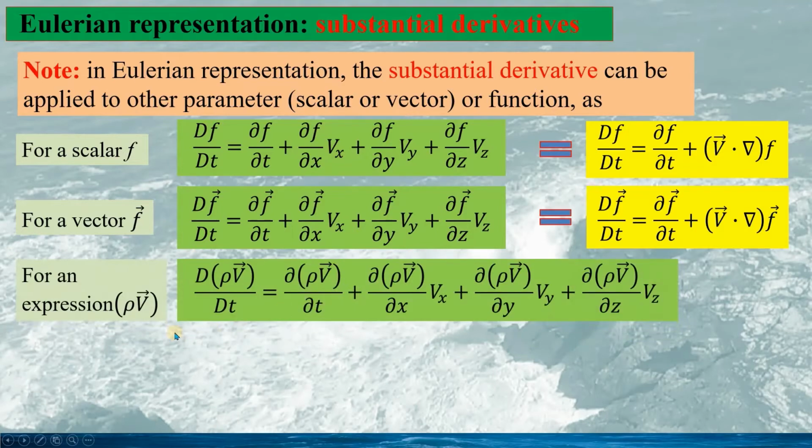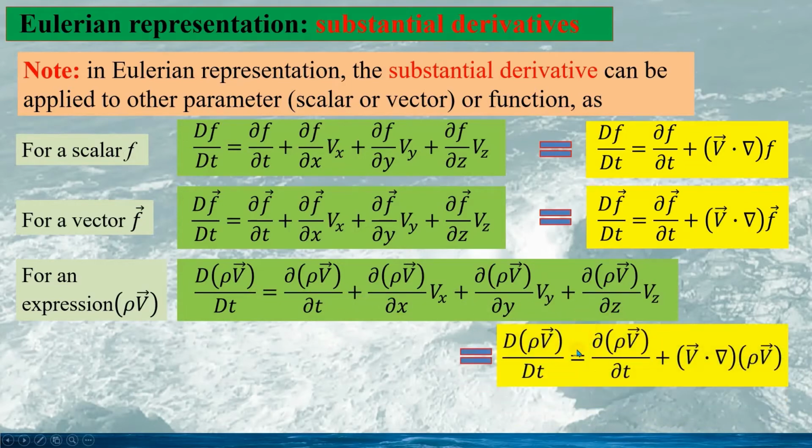And if we have an expression like rho vector v, this is actually the linear momentum of the fluid per unit mass. So its substantial derivative is calculated as this, and the corresponding compact form would be given as this.